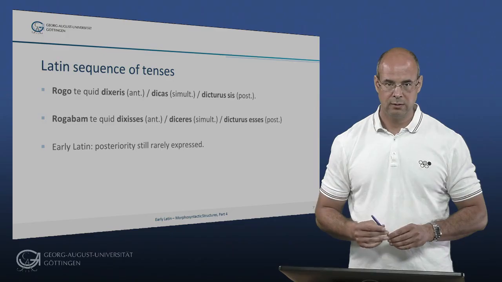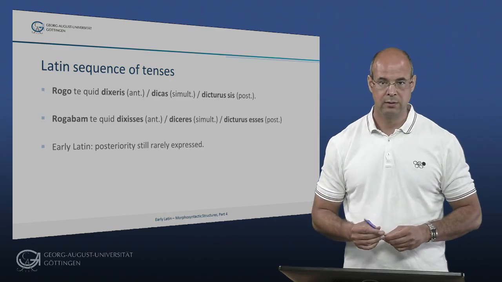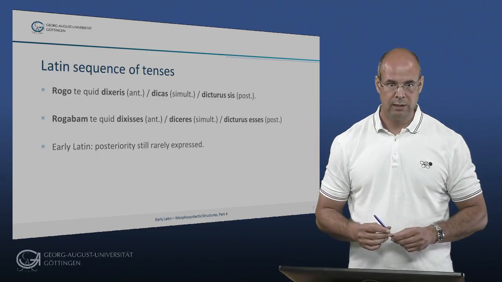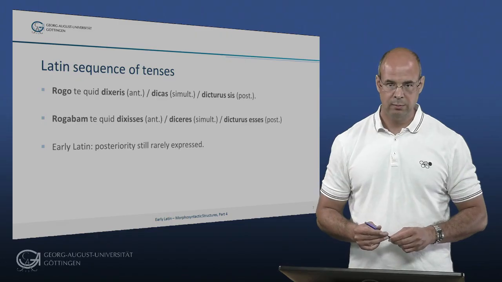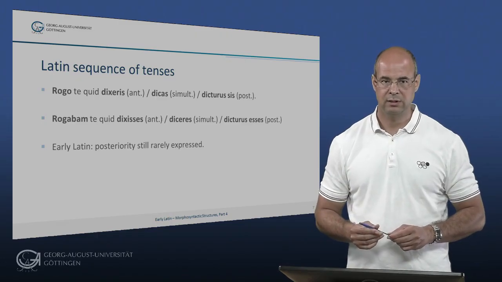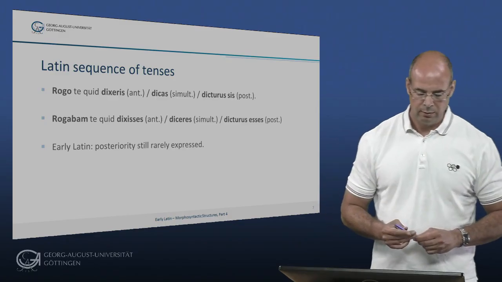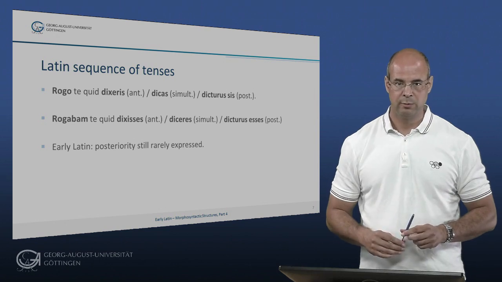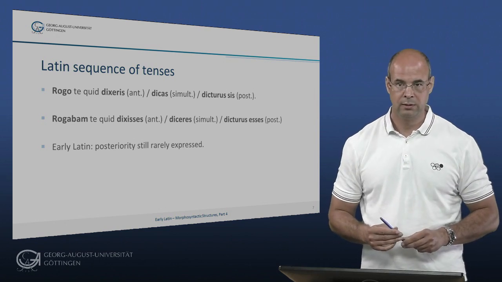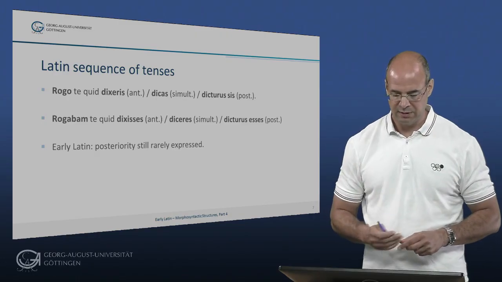Let's look at a main clause and an indirect question. The indirect question can be anterior in time to the main clause. It can happen at the same time, or it can be posterior. If the main clause is in a non-past tense, the subjunctival subordinate clause will be in the perfect, the present, or the periphrastic future.